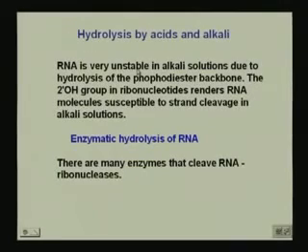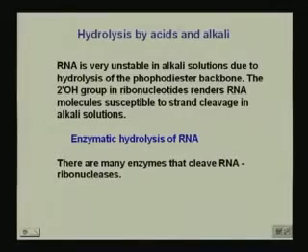Basically, because of that 2 prime OH that is present, there is always a possibility of hydrolysis of the phosphodiester backbone, and this renders your RNA susceptible to strand cleavage. So, your RNA strand that was a single strand is going to easily cleave, because of the OH being present there. Even under mild alkali conditions, it is going to break up.